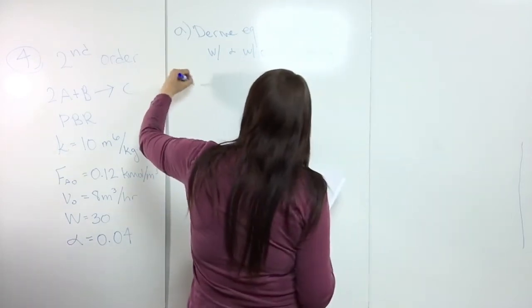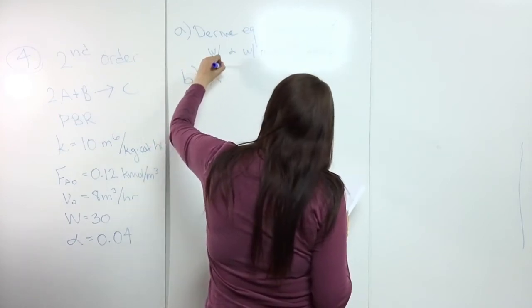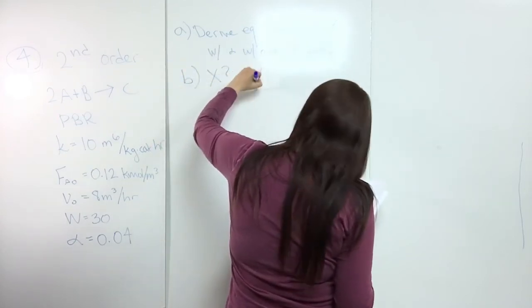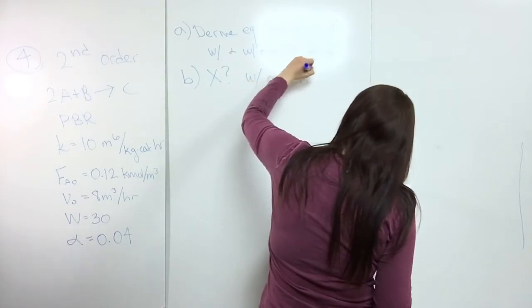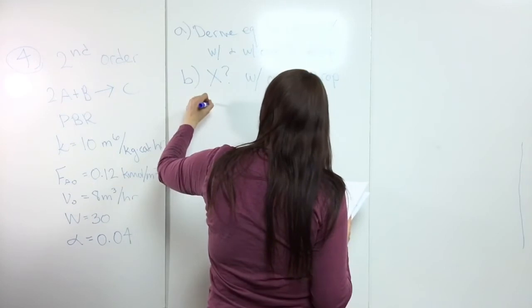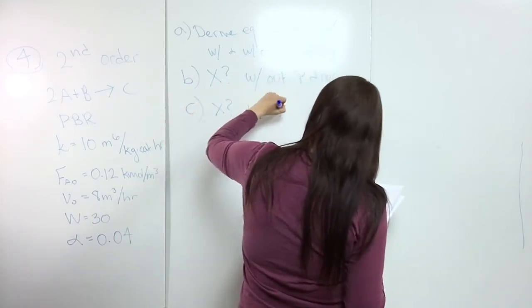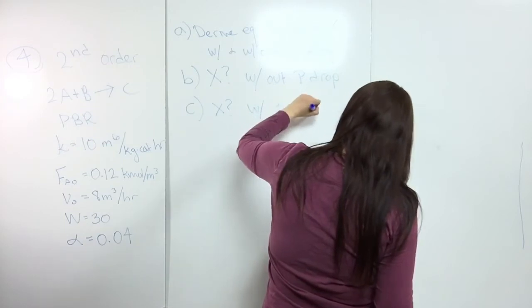And then B, it says conversion without pressure drop, and C, conversion with pressure drop.